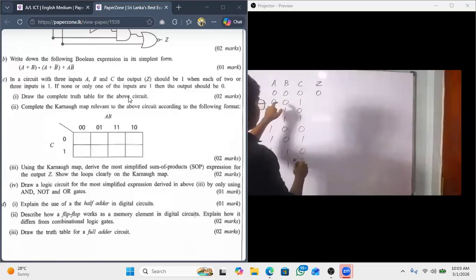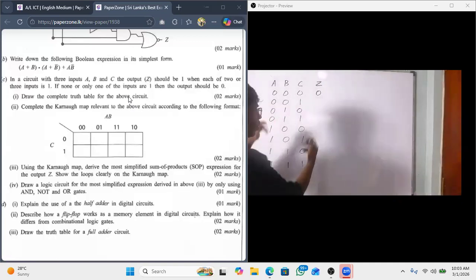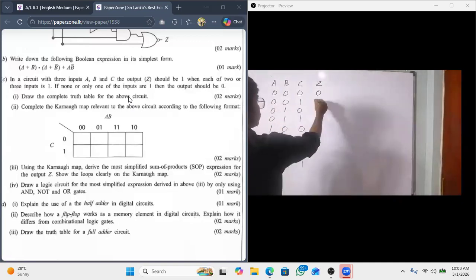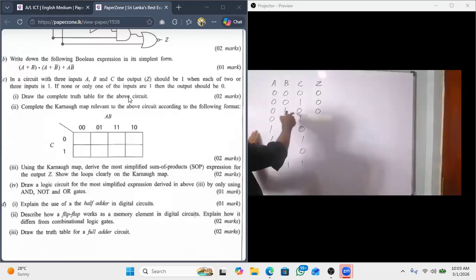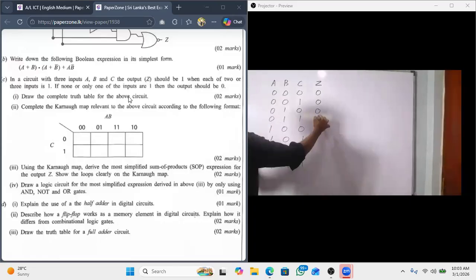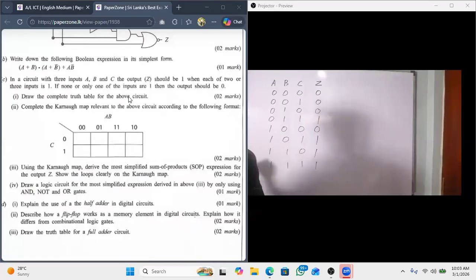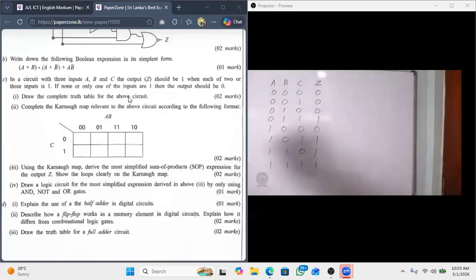Here only one 1, so 0. Now here you can see 2 ones are present, so you can say this is 1. Here this is 0. 2 ones are present again, 1. 2 ones are present, 1, 1. Is that the truth table you got?